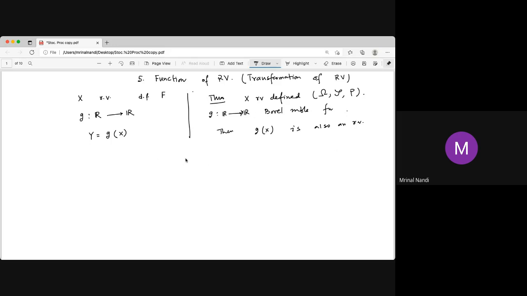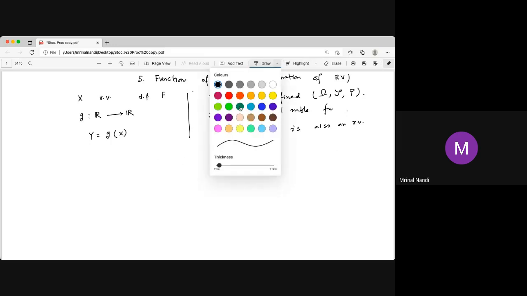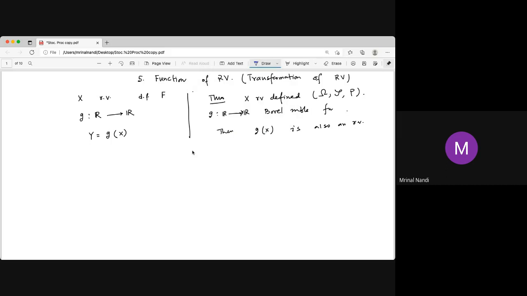So what is the proof? The proof is just trivial. We have to show that g(X) is a random variable.